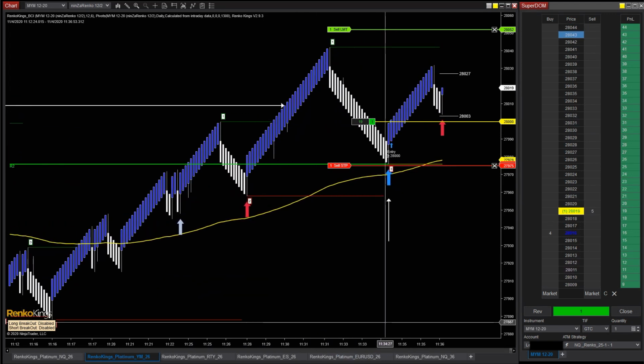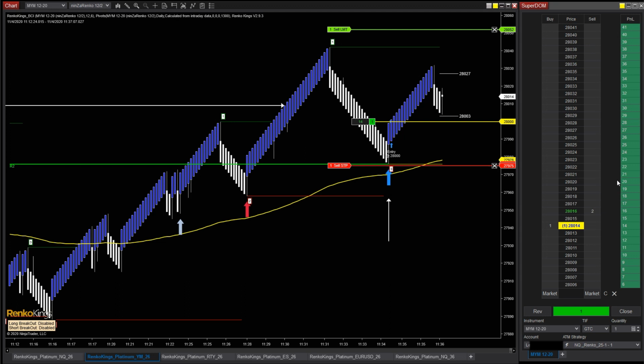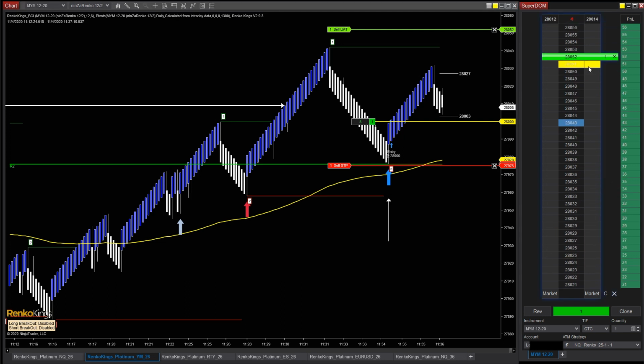And our targets are going to be a little bit different also, because we're not going to take a 1-to-1, because mathematically that doesn't make sense. So our target, if you're only trading one contract, is set out here at 52 ticks, which is a 2-to-1 profit ratio, okay?